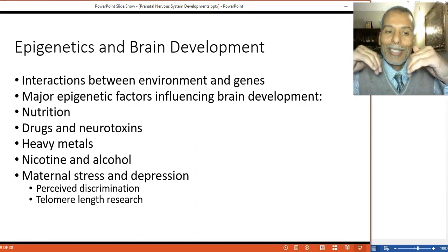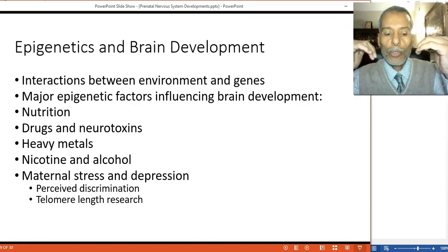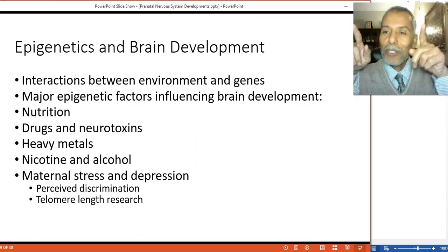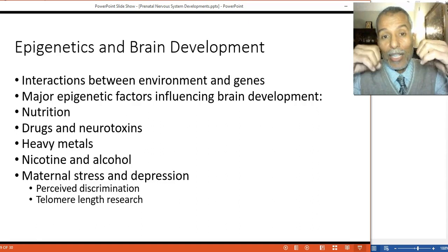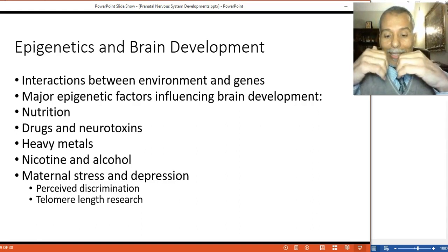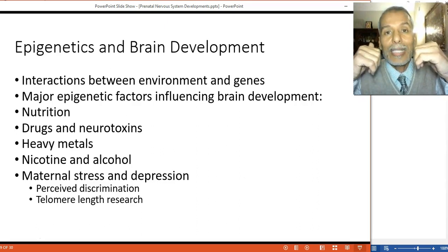So research consistently shows that African American women experiencing discrimination have shorter telomere length. And that means that the aging process is accelerated, so that is going to put them at risk for living less because of the discrimination they experience.